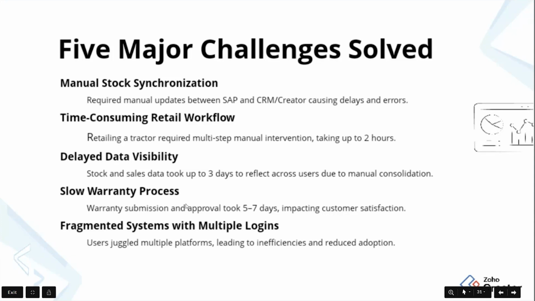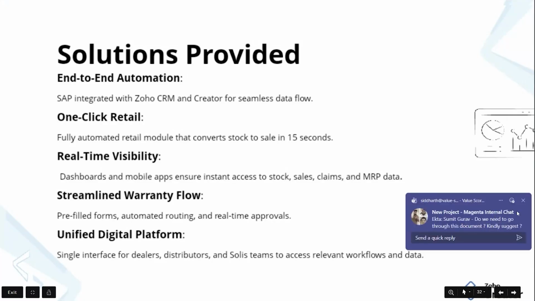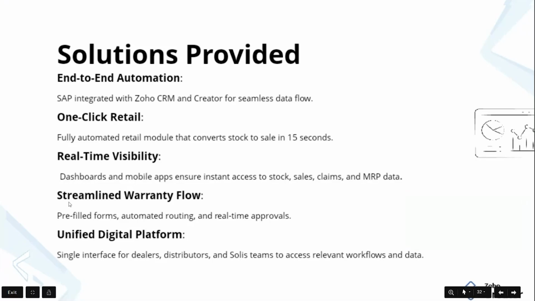And as I said, all information is available end to end. We've provided one-click retail, so with one click I can do an entire sale, I can do a stock update, and I can have real visibility of every piece of information. This is truly a digital platform, a single interface which everybody is using and can play around with. So this is what we do.